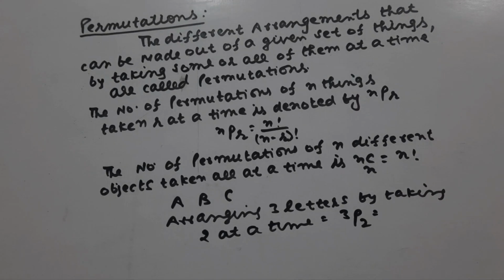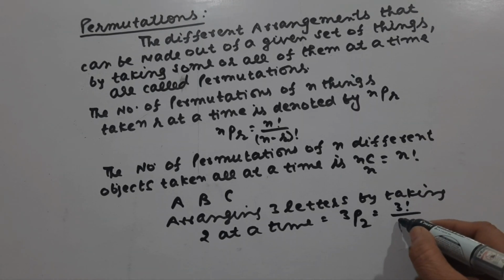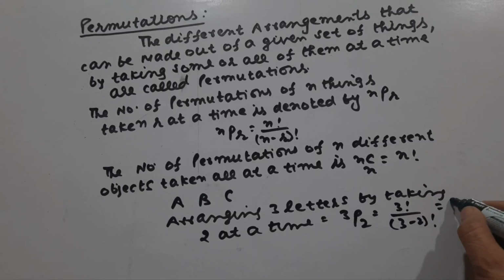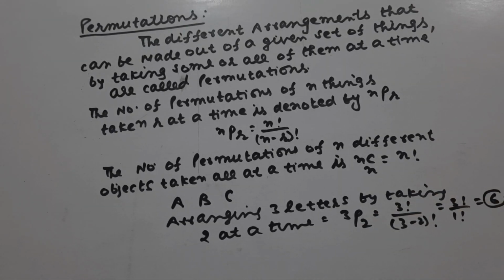Now students, 3P2 means 3 factorial upon (3 minus 2) factorial, which is 3 factorial upon 1 factorial, and this is equal to 6. So it means there are 6 arrangements.